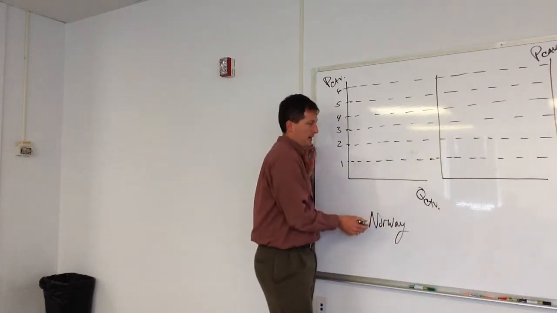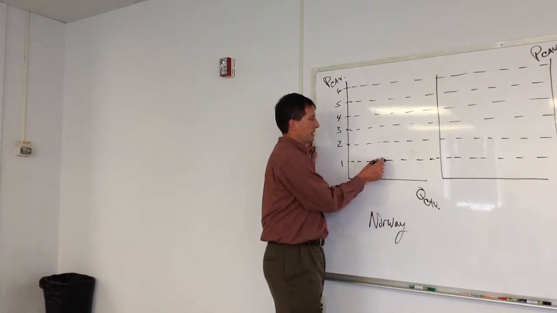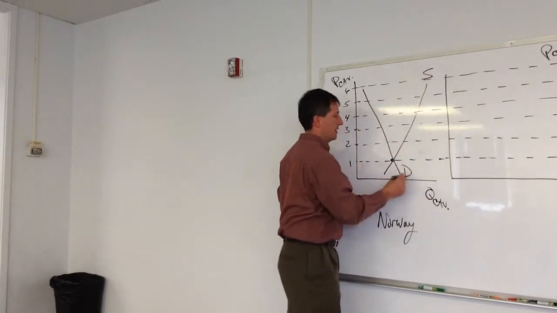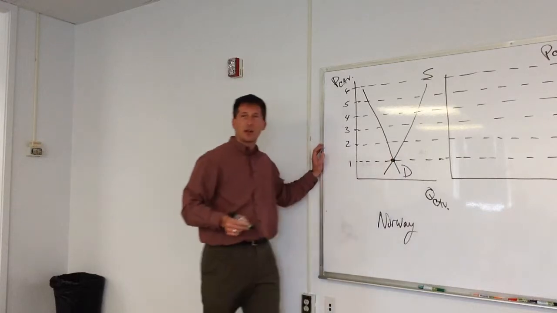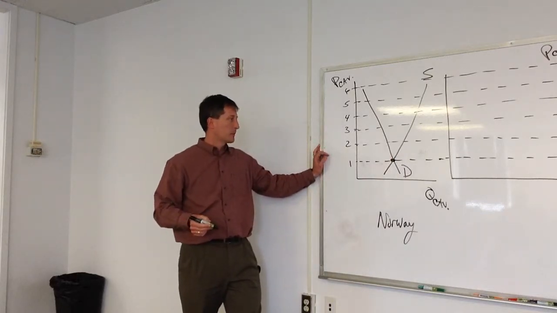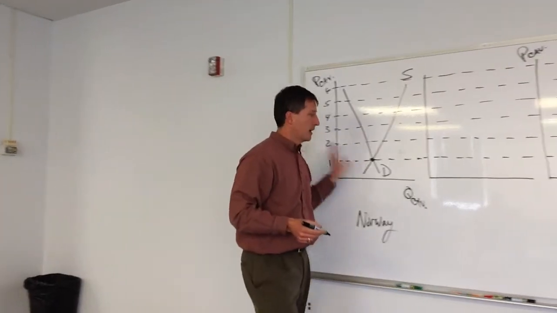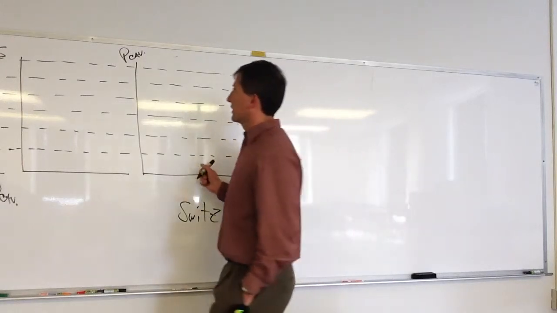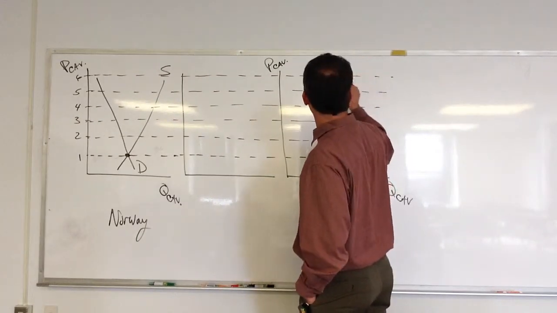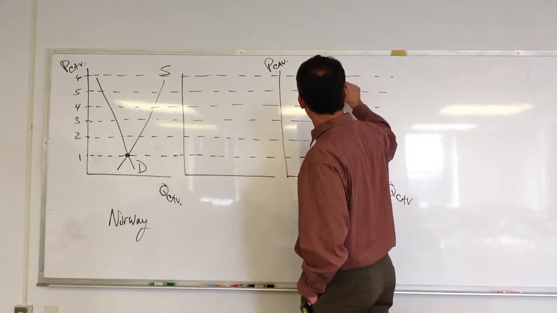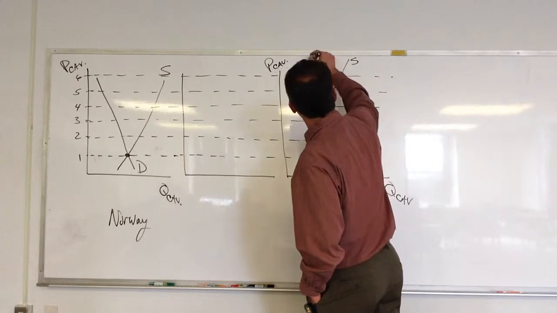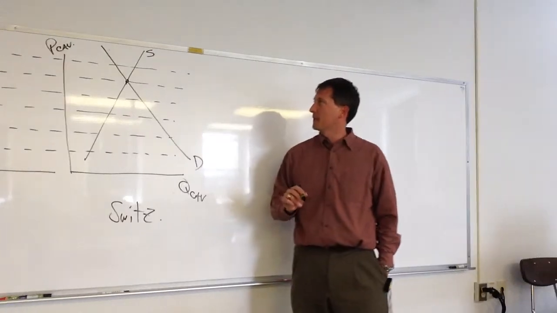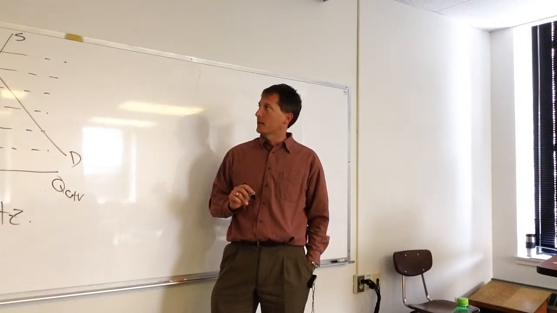And let's say that Norwegians have a supply and demand curve intersecting down here at $1. I don't care how curved they are, but have them intersecting at $1. So caviar is traded at $1 in Norway, and over in Switzerland it's at $5. Just draw any old supply and demand curve, whatever your slopes end up being, that look like this.